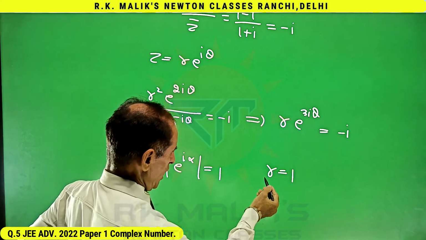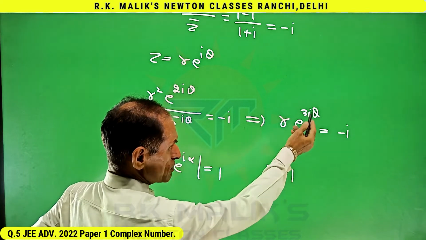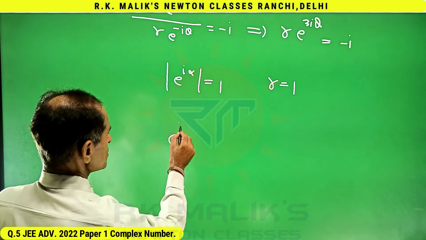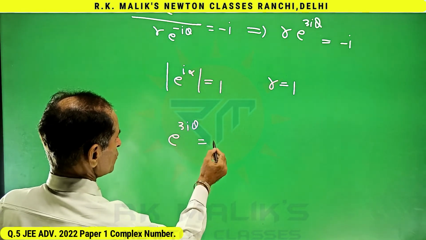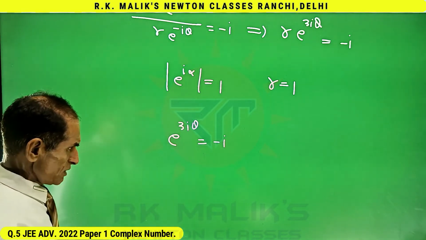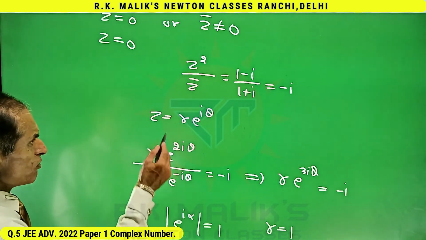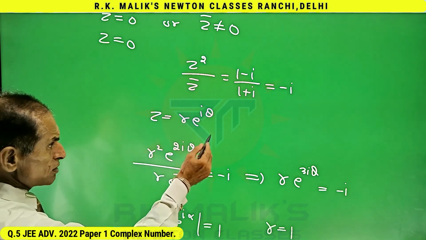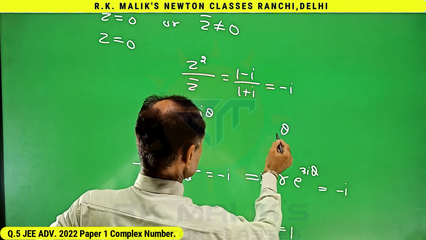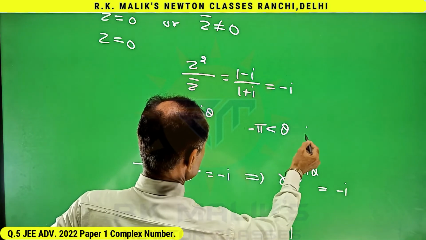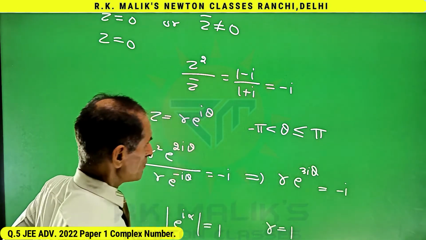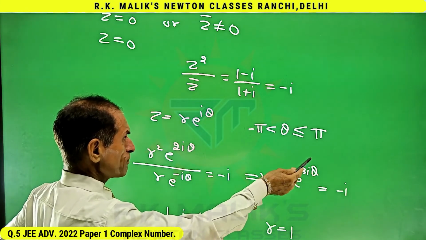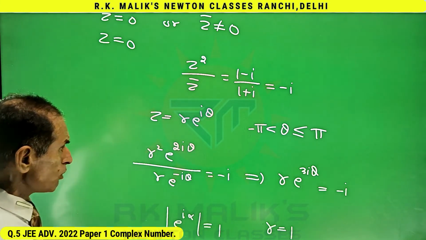And once r is found to be 1, this equation becomes e to power 3i theta equal to minus i. Note that whenever we suppose z equal to r e to power i theta, theta always lies between minus pi and pi. For other values of theta, I will not get a different value of z.